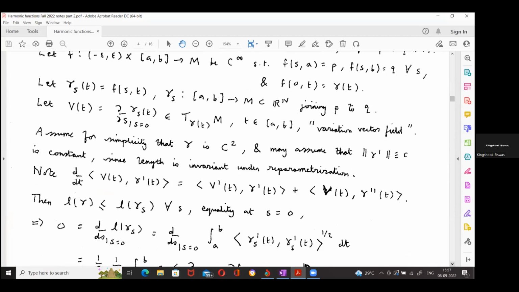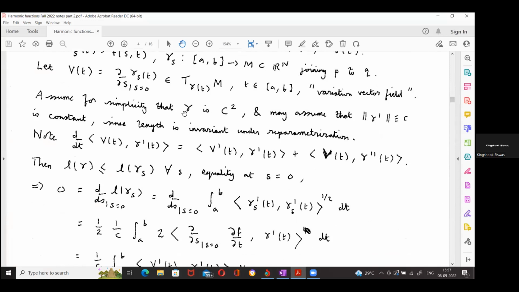Now, suppose for simplicity that gamma is a C2 curve. And since length is invariant under reparametrization, we can also assume that the length of gamma is constant, equal to C, say. We can always reparameterize a curve to have constant length.